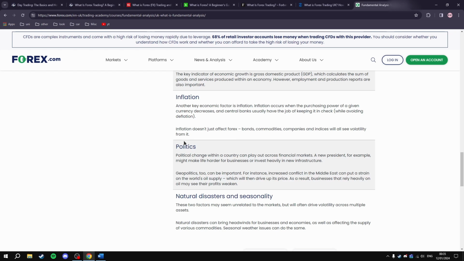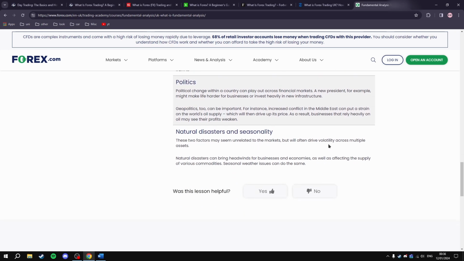Inflation doesn't just affect Forex. Bonds, commodities, companies and indices will all see volatility from it.